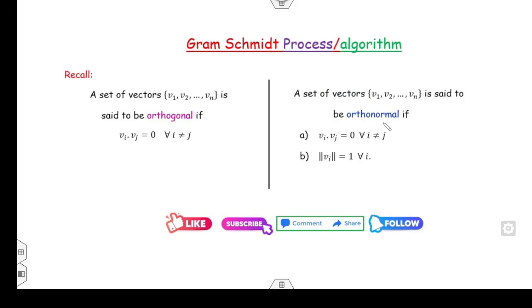Orthonormal means orthogonal, because the first property suggests orthogonality, plus the second property suggests unit norm. So whenever a set of vectors is orthogonal and has unit norm, we say it is orthonormal. And that is the backbone of the Gram-Schmidt process.